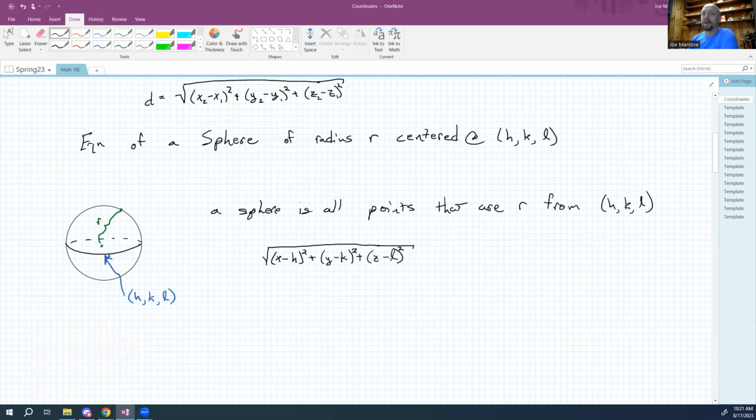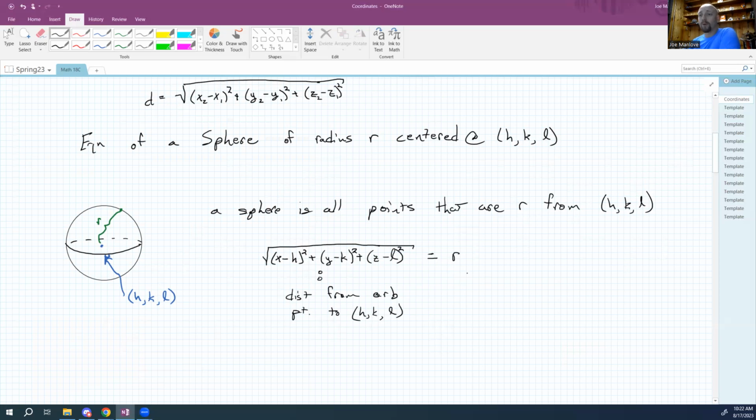So I'm saying here, I've got a quantity that's the distance from arbitrary point to h, k, l. And I'm going to set that equal to r.